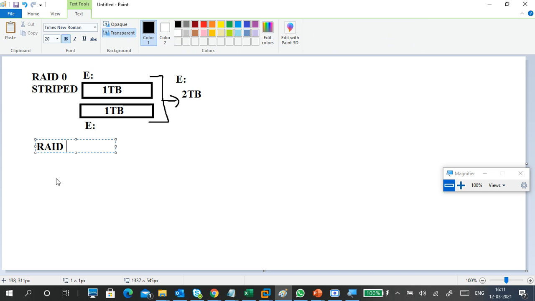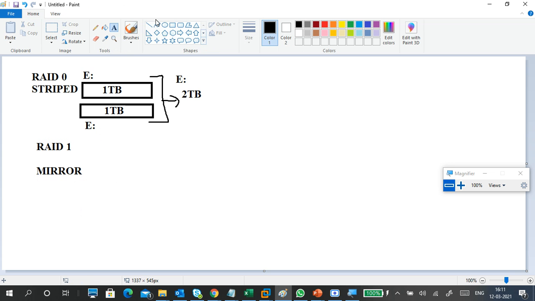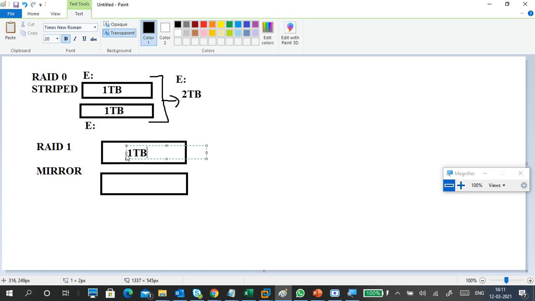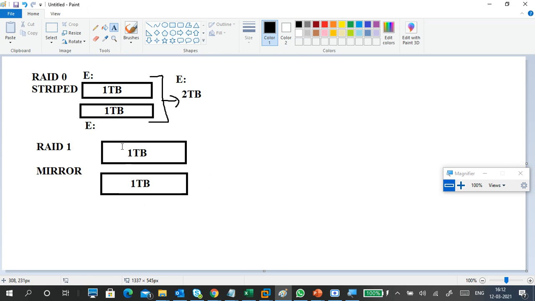Next, RAID 1 is called a mirror volume. Mirrored or mirror, whatever it is. I took a disk, and I took a disk, 1 terabyte, 1 terabyte.